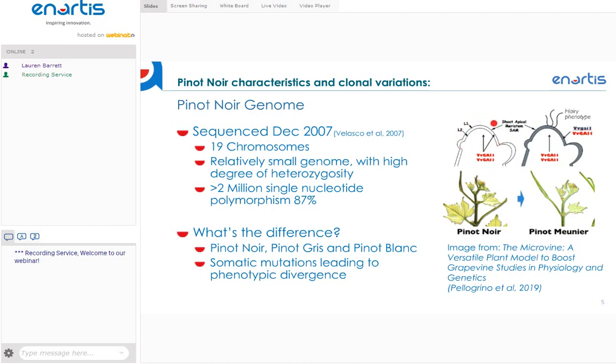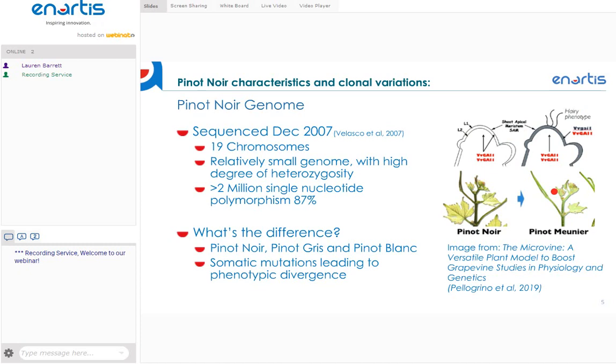And what happened here was between this L1 and L2 meristemic layer, there was a somatic mutation which yielded this hairy phenotype, which we can see below on the shoot tip of Pinot Meunier, and caused a divergence from Pinot Noir to Pinot Meunier. And this Pinot Meunier was selected and propagated and is now widely used throughout the world for sparkling wine production.